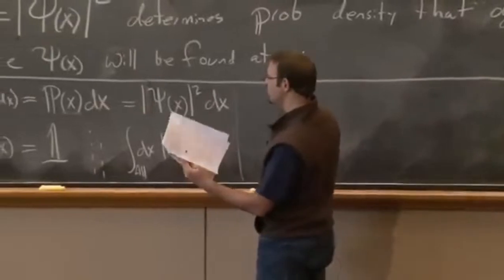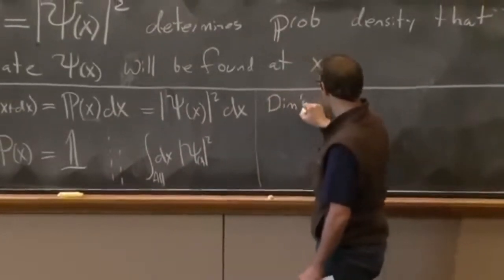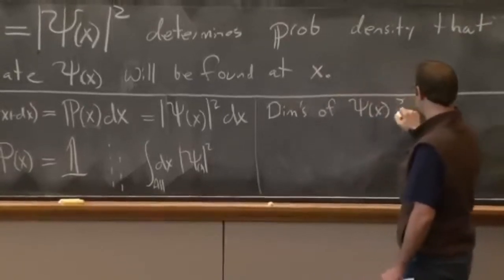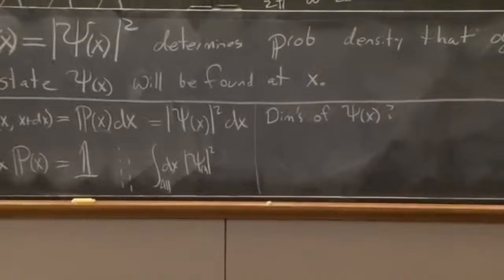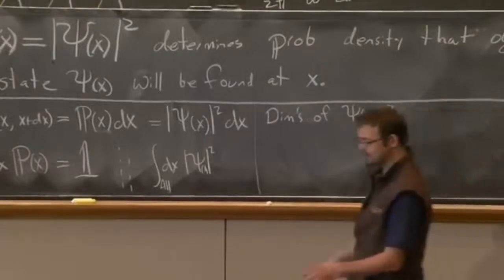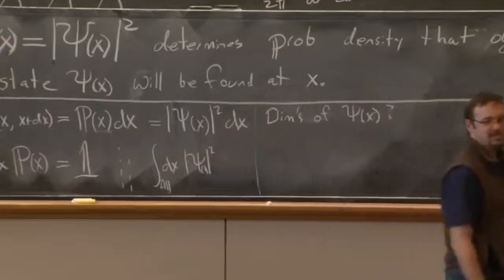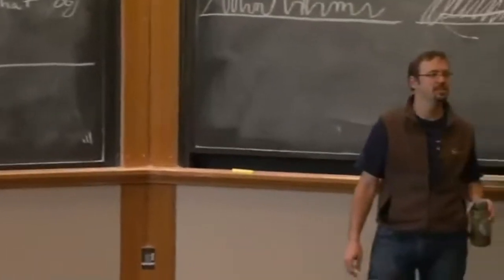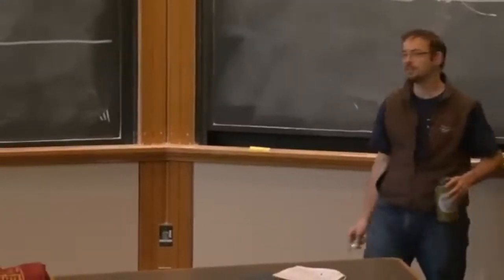Just as a side note, what are the dimensions of the wave function? So everyone think about this one for a second. All right, what are dimensions? Is it 1 over the square root of length?